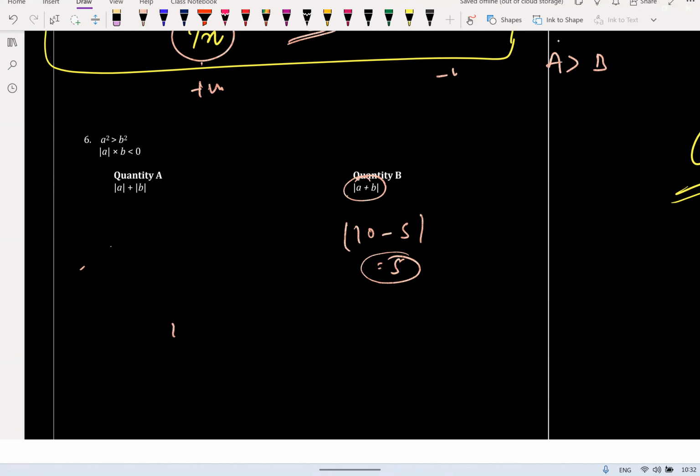If we assume B is negative, your entire assumption should satisfy the condition that is given to you. Check. Yes, B is a negative value here.